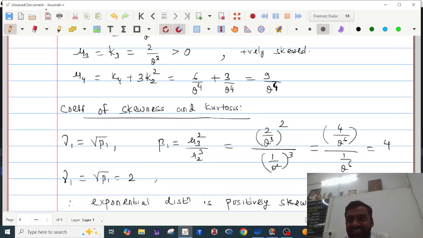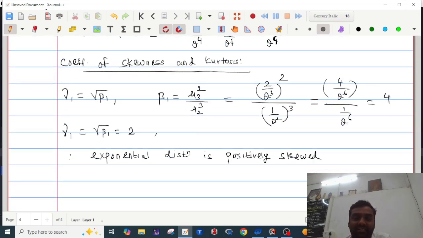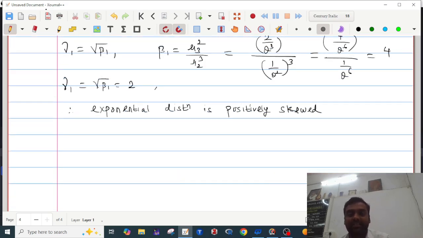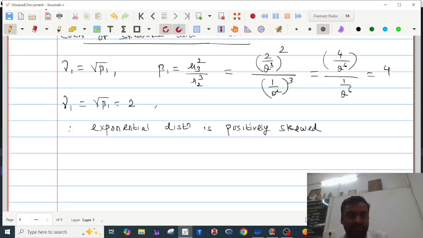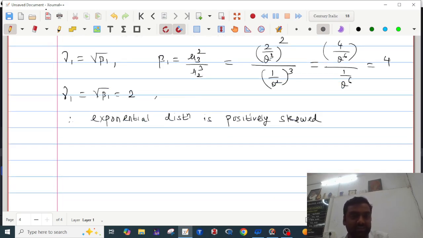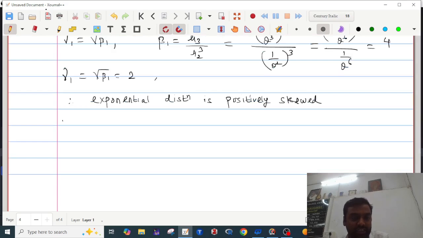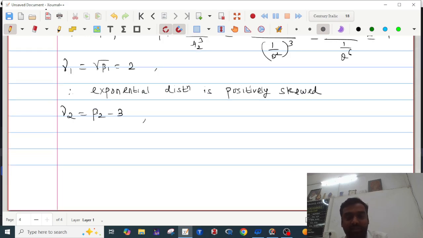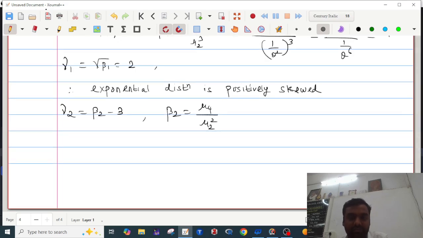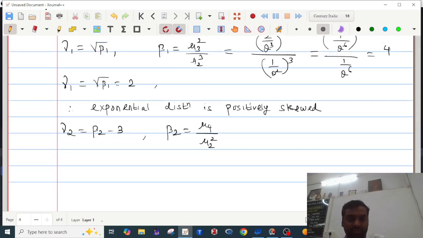And the last is we are discussing the coefficient of kurtosis. This is the last part of today's lecture. Coefficient of kurtosis, that is gamma 2, equals beta 2 minus 3, where beta 2 is mu 4 upon mu 2 square. Put the values of mu 4 and mu 2.